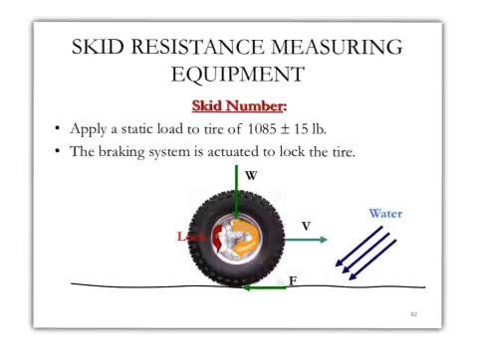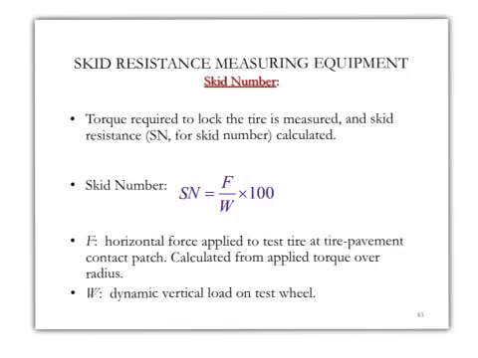That braking system is actuated to lock the tire, and now our goal is to start measuring some indices to give us an indication of the skid number. Once we apply that amount of braking force, we're gonna see what the torque required to lock the tire is, and the skid resistance therefore will be calculated.